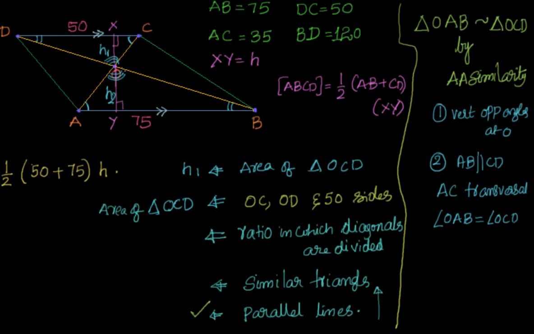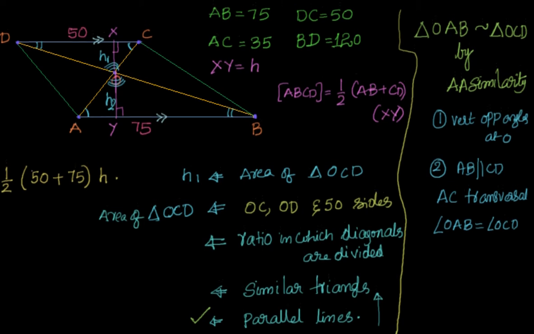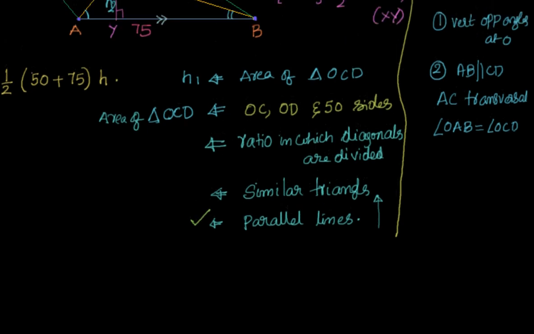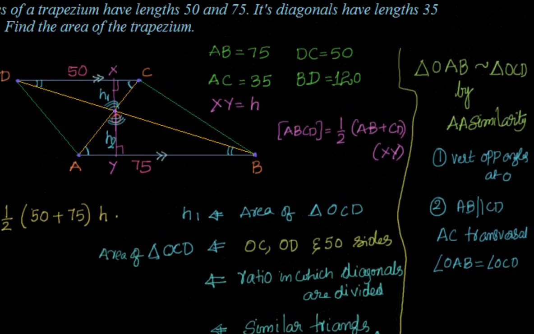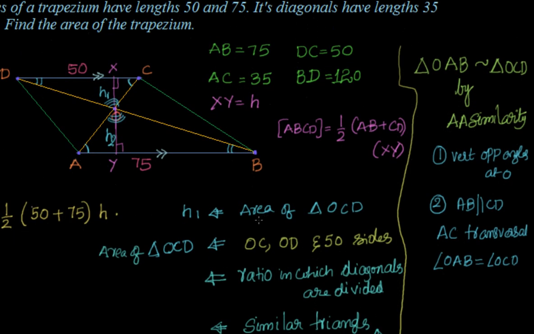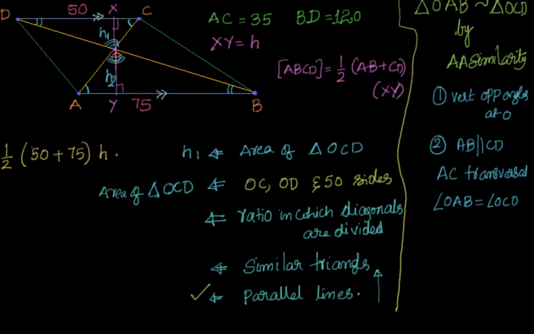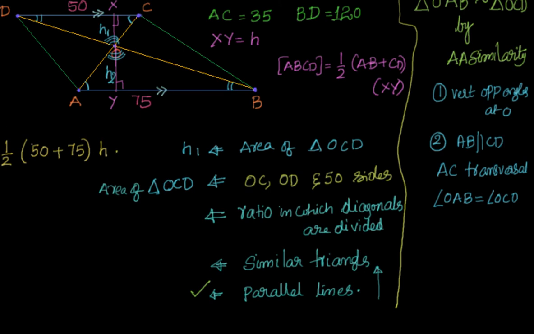So the triangle OCD and the triangle OAB are in a 2:3 ratio. We know AC, we know BD. Now let's try to divide them into two parts. So what I will do now is divide this into two different triangles and try to find out the values of OD and OC. Let me just try to do it here.